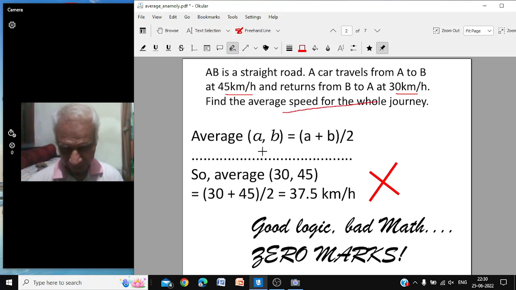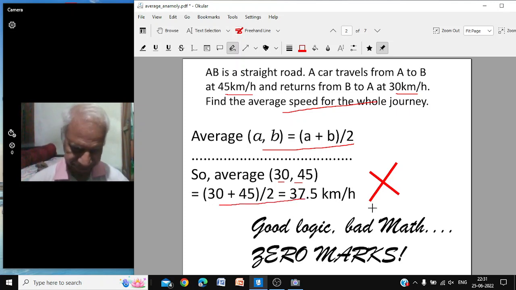And this is what the student did. Since the average of A comma B is A plus B by 2, the average of 30 km per hour and 45 km per hour should be 30 plus 45 by 2, that is 37.5. And the teacher gave him 0. Now, first of all, we will see how to solve it.